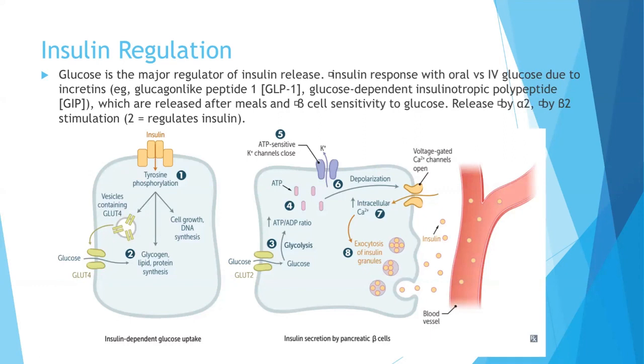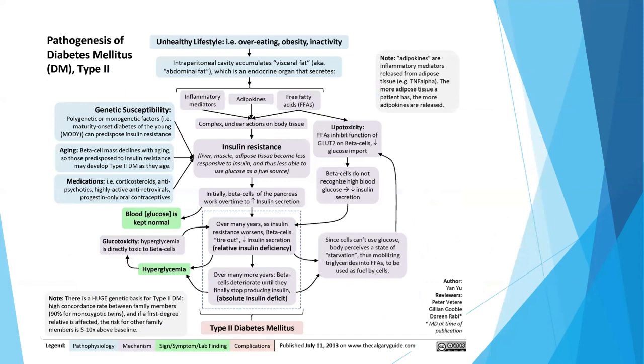Okay, if there is more glucose, there will be more release of insulin, and then this insulin will lead to more uptake of the glucose in the peripheral skeletal muscles and all, and then the glucose level and the insulin level will be regulated just like that. Now let's talk a little bit about the pathogenesis of diabetes mellitus type 2, actually about insulin resistance. So if there is any unhealthy lifestyle like overeating, obesity, or inactivity, that will lead to accumulation of visceral fat in the intraperitoneal cavity.